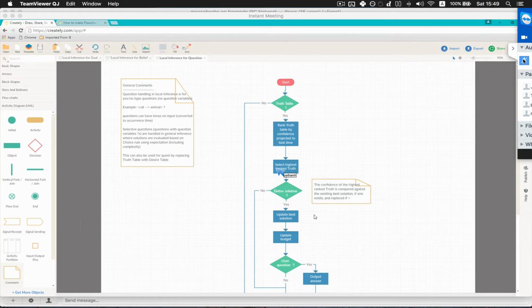But after this happens, the task will have a solution set for the first time, and it will be updated whenever a new belief task comes into this diagram. Do you see what I mean?